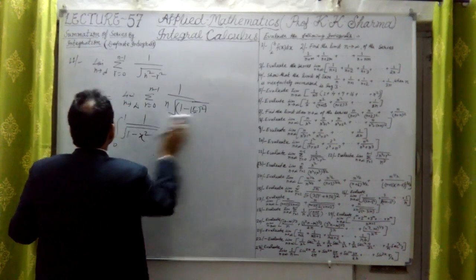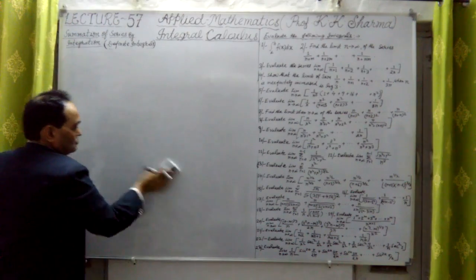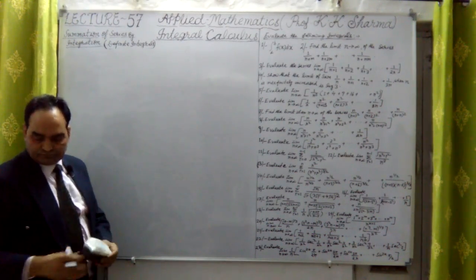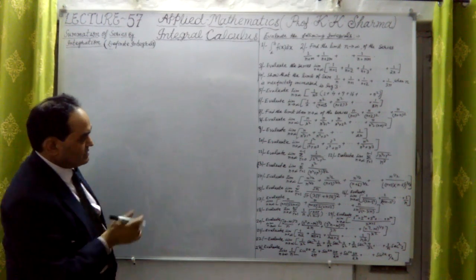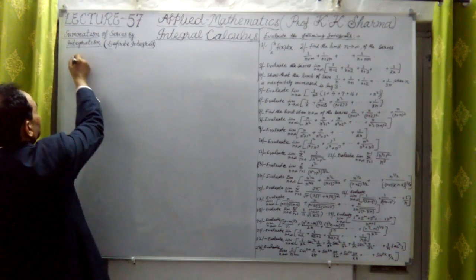Okay, question number 11 is done. Now let me talk about the 12th question. What does the 12th question say? Question number 12 is again another term, the r term is given here.